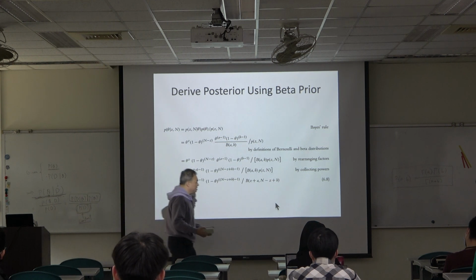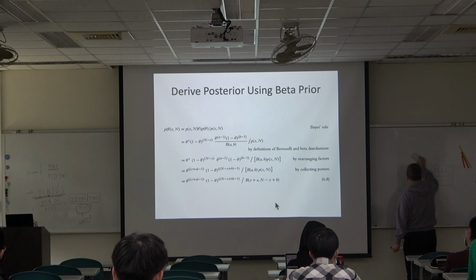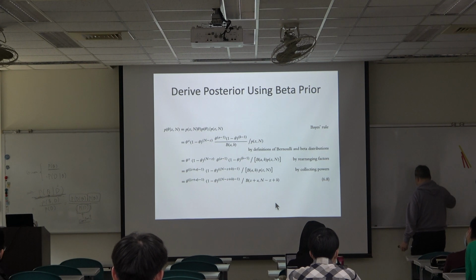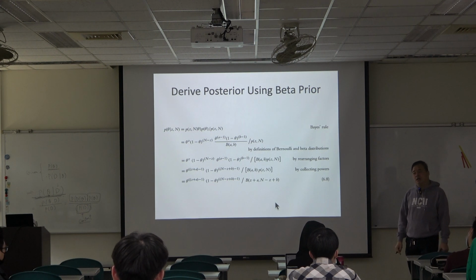The only step that is magical is the last step. And that last step has something to do with the fact that the posterior is a distribution.